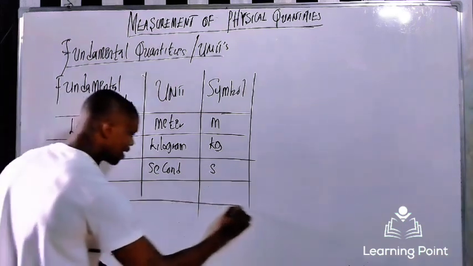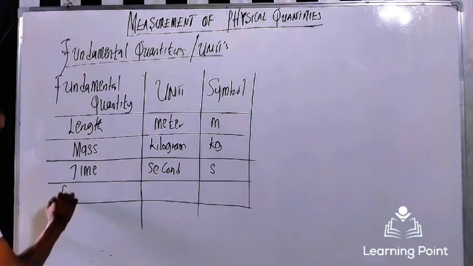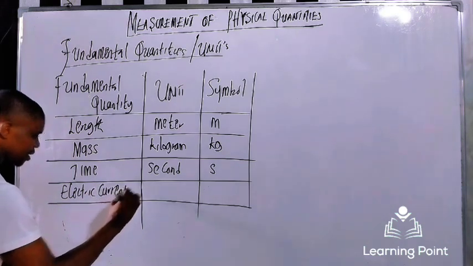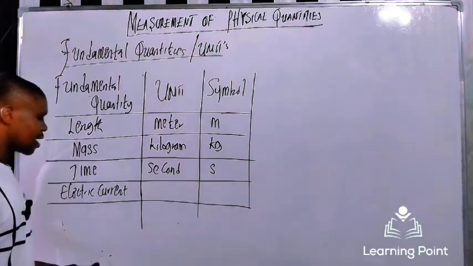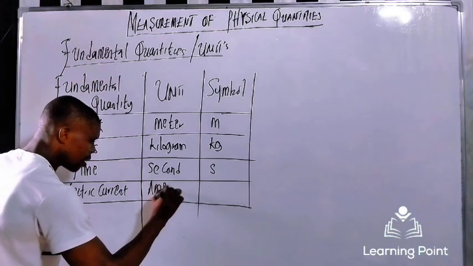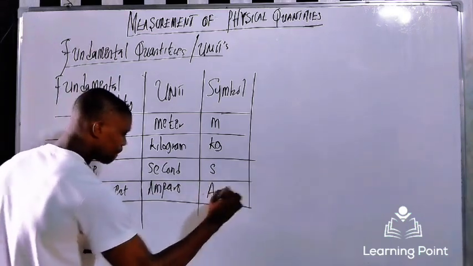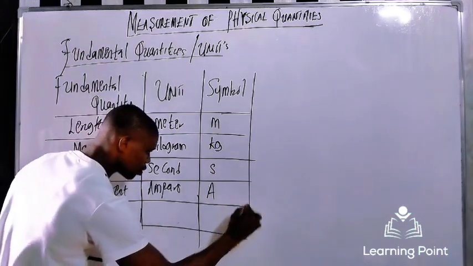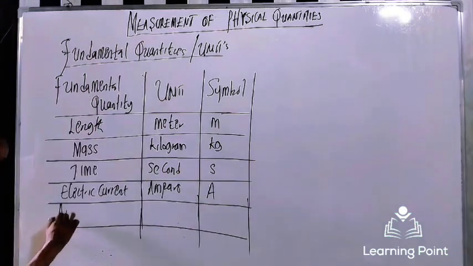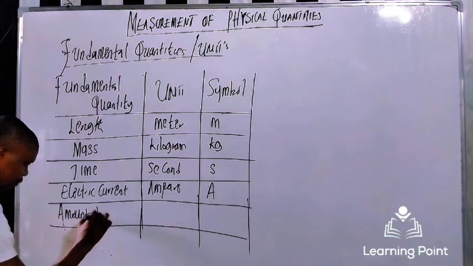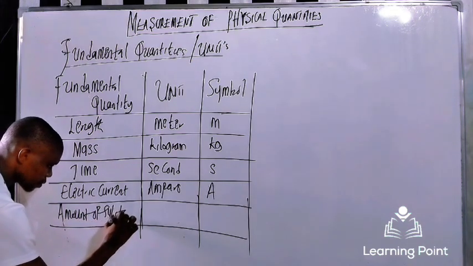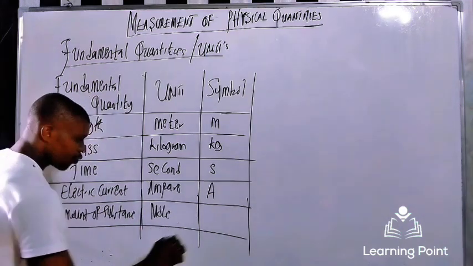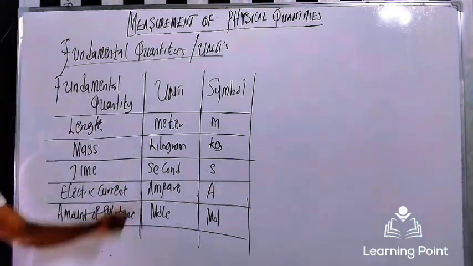The next one is electric current, and the unit of electric current is the ampere, which is A. The next one you want to look at is the amount of substance. The unit of the amount of substance is the mole, and the symbol is mol.